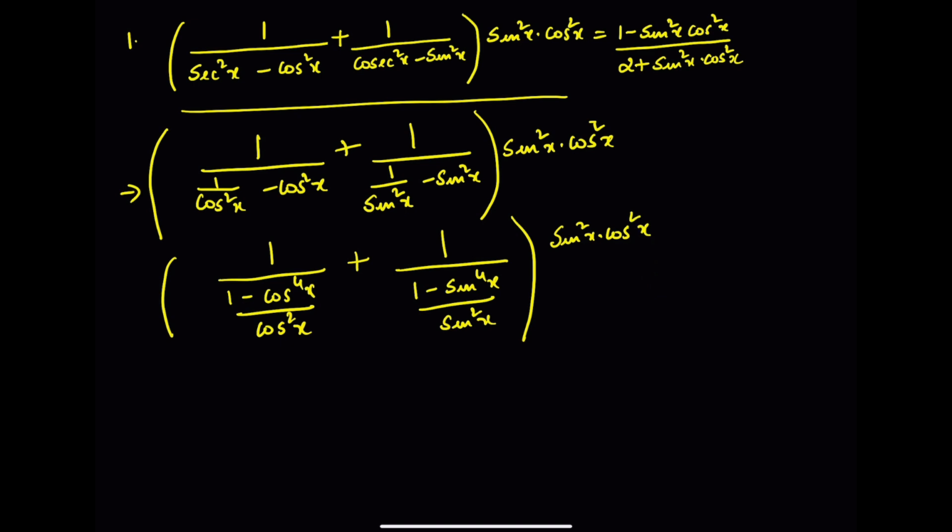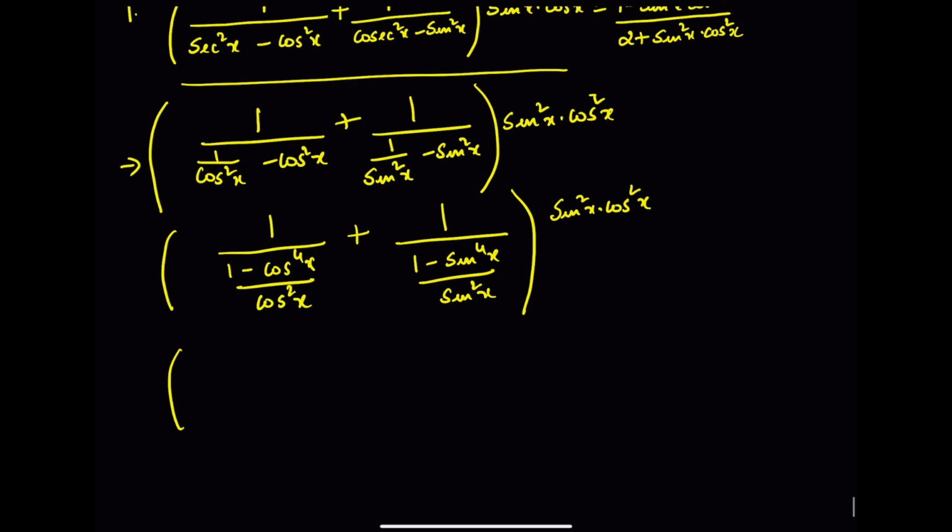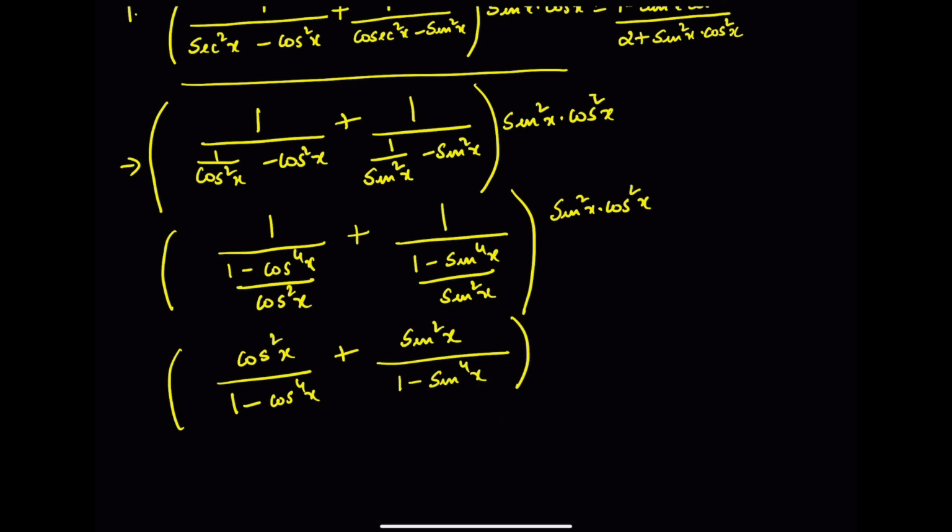So let's move the denominators to the numerator, when it switches from denominator to numerator. So this would change to cos square x by 1 minus cos to the power of 4x plus sin square x by 1 minus sin to the power of 4x.